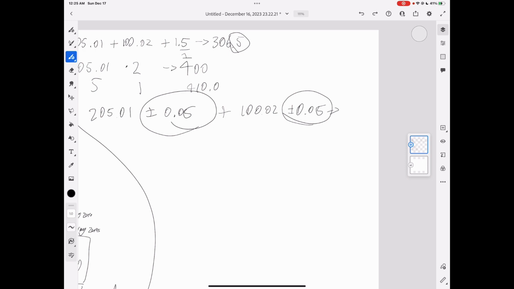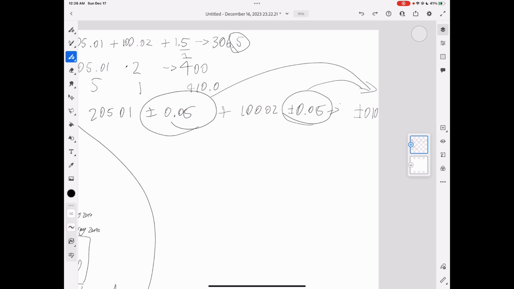So since we're adding uncertainties, we want our final uncertainty to be the sum of the previous two. So that's plus or minus 0.1. And since we're adding, make sure the significant digits are consistent.